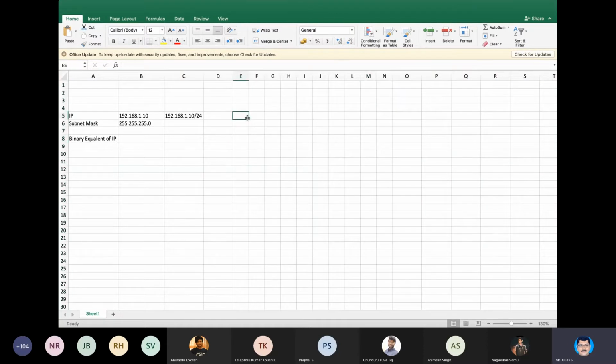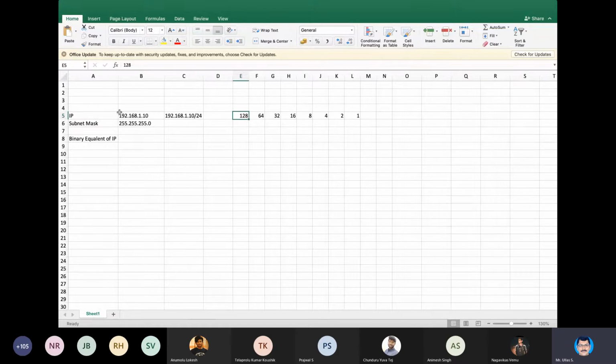So the positional values are like this: 128, then you have 64, then you have 32, then you have 16, then you have 8, then you have 4, then you have 2, then you have 1. Okay, it is nothing but the positional values. This is 2 raised to 0, 2 raised to 1. You may please note it down: 2 raised to 0, 2 raised to 1, 2 raised to 2, 2 raised to 3, 2 raised to 4, 2 raised to 5, 2 raised to 6, 2 raised to 7.